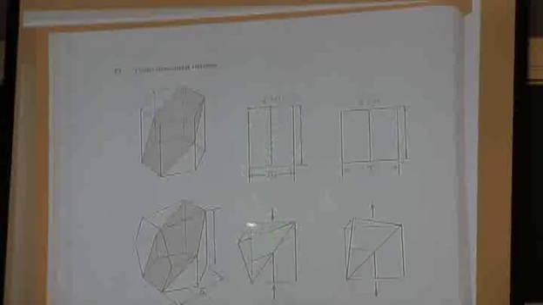If you compress it, it will want to twin because it can accommodate the strain by twinning. If you have something that's C over A less than square root of 3, if you pull it, it will accommodate the strain by twinning. So the twinning tendency, if it's not a perfect square root of 3 crystal, will be dependent on the C over A ratio.